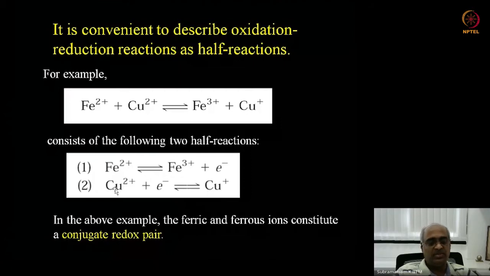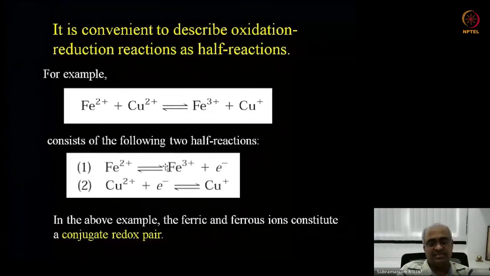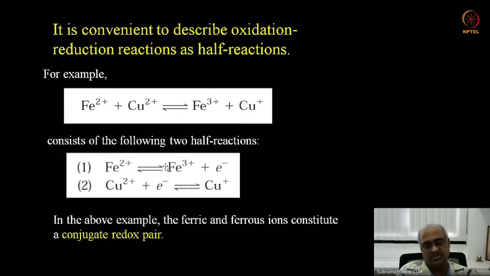Okay, so here this ferrous ferric behaves more like, to get an analogy, not exactly the same, but as an analogy, acetic acid acetate. You have a weak acid and its conjugate base as a pair.